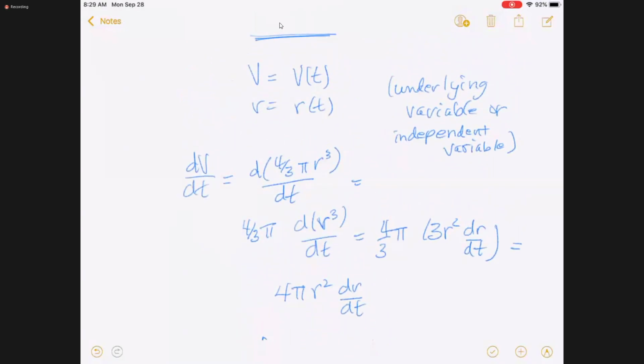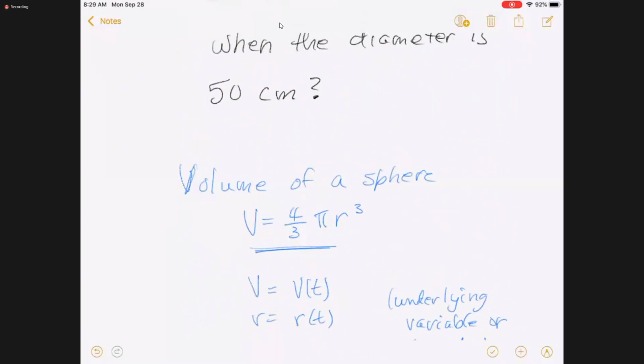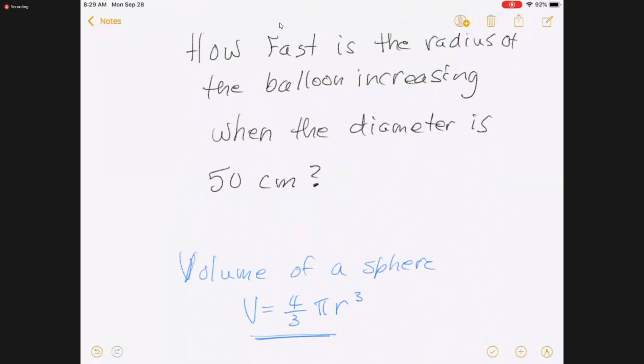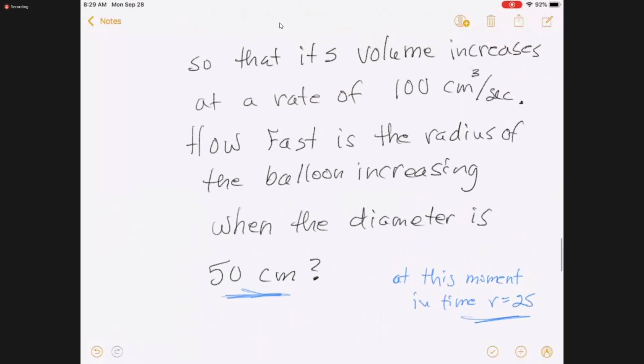Okay. Well, now I put in my specific information. We want to know how fast the radius is increasing when, yeah, r is 25, right? The diameter is twice the radius. So this piece of information gives us r equal to 25.